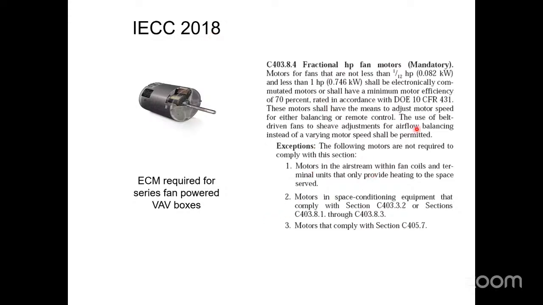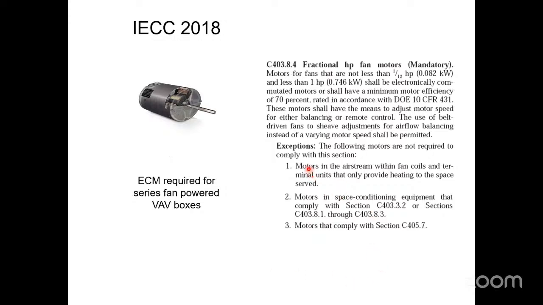For certain types of small fractional horsepower motors, they're required to have an ECM. Series fan powered motors for those boxes are required to have an ECM. Parallel fan motors are not required to have an ECM. You can still use one if you want to, but they don't have to.